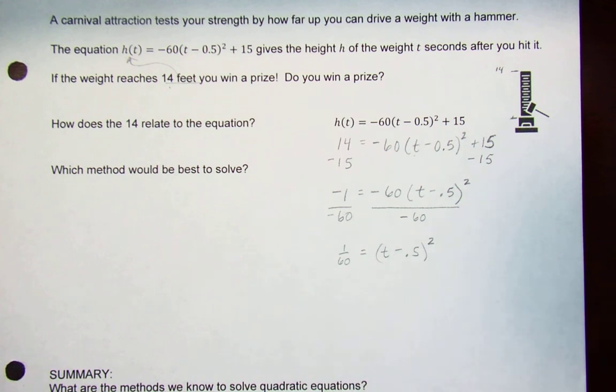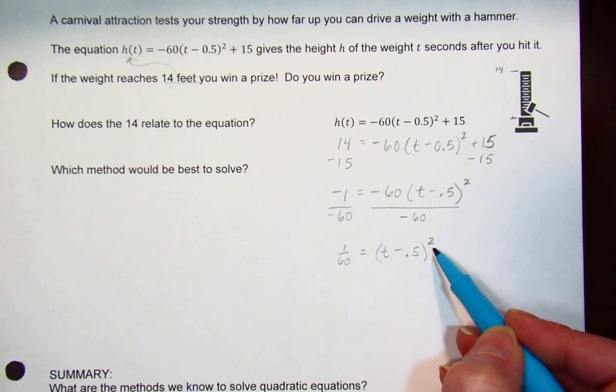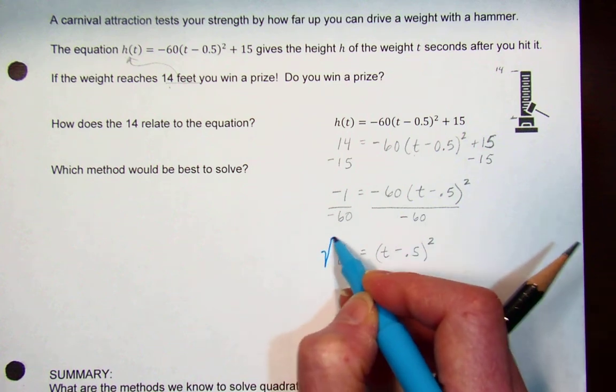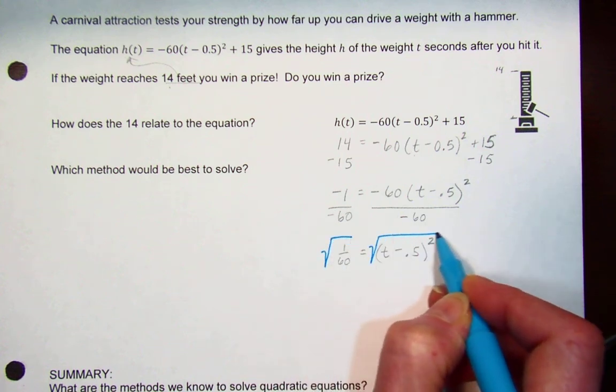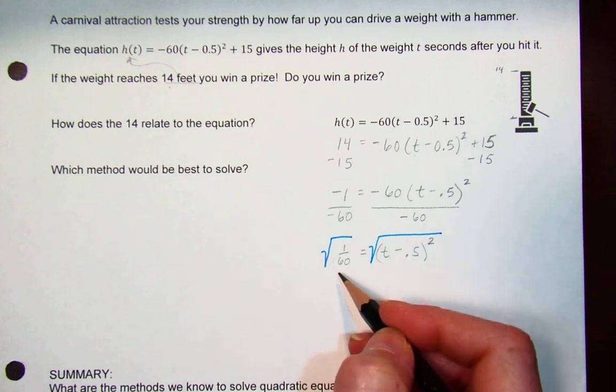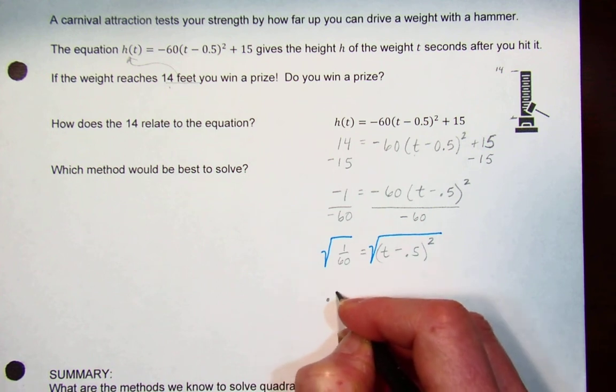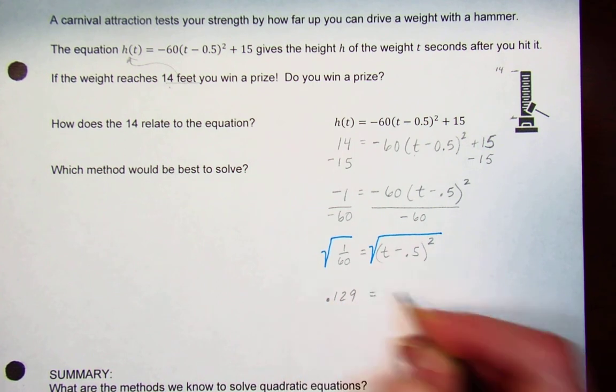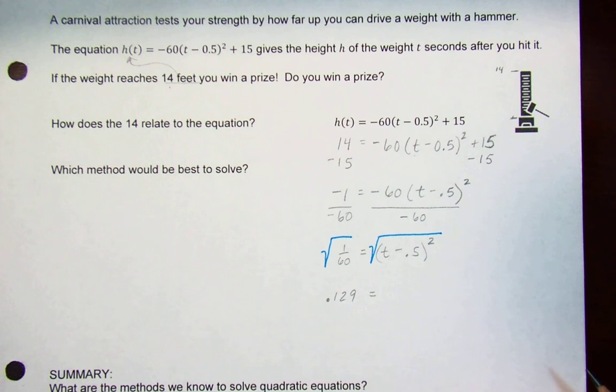Now I have to undo a power of 2. The inverse of a power of 2 is to square root. And now when I do the square root of 1/60, using my calculator, of course, I don't know these things by heart, I'm just going to round to 3 decimal places, good enough.